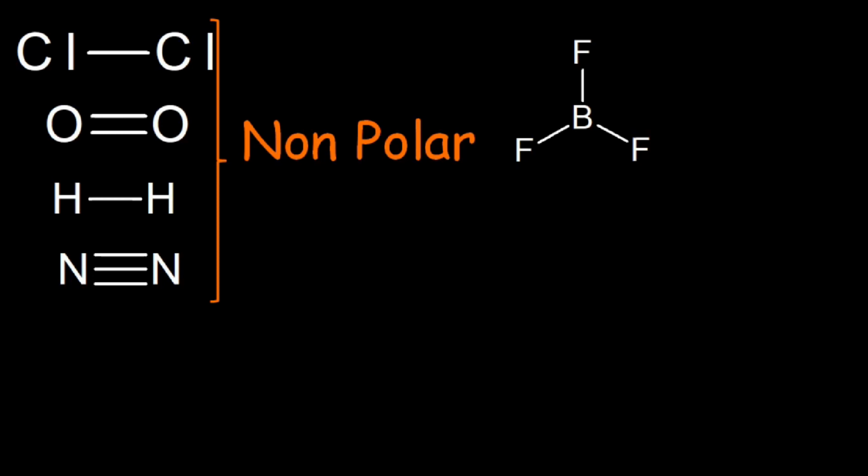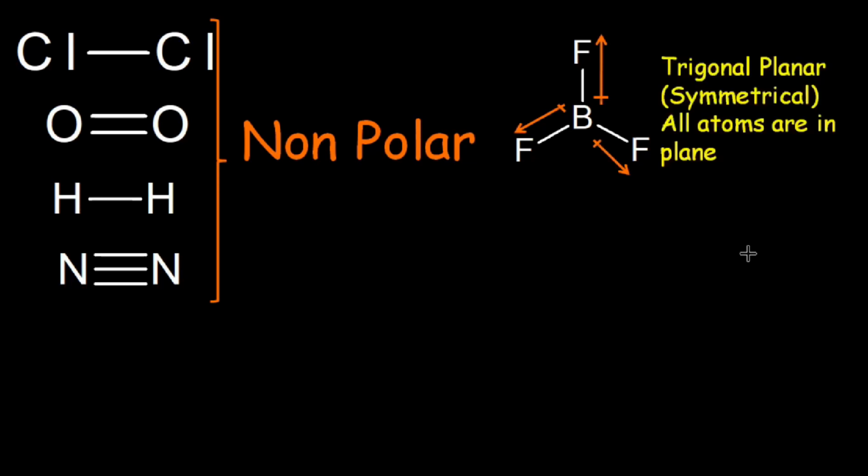In BF3, the individual B-F bonds are polar, but the BF3 molecule is non-polar because all three polar bonds cancel the effect of each other. All have direction from boron to fluorine, and the molecule has a trigonal planar symmetrical geometry. All the atoms are in a plane. Therefore, BF3 is non-polar, having zero dipole moment.